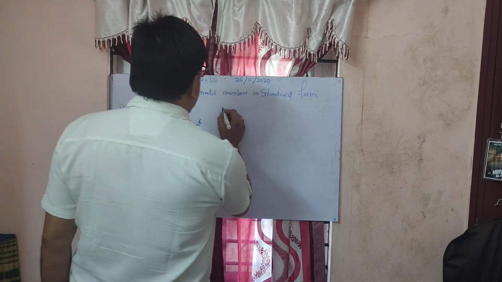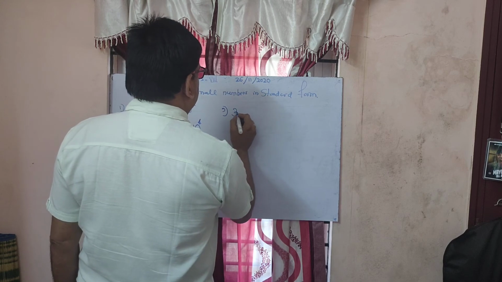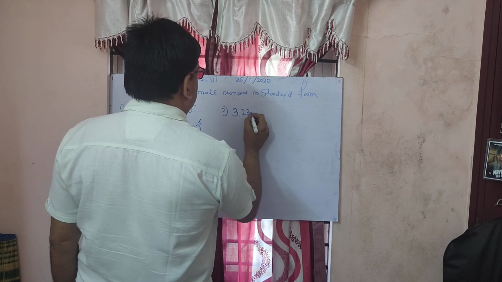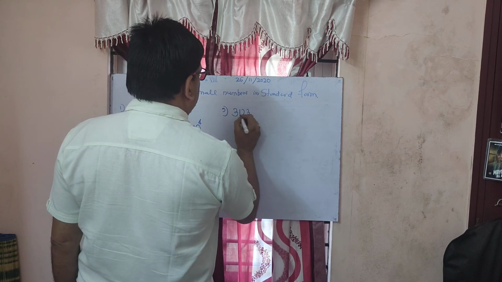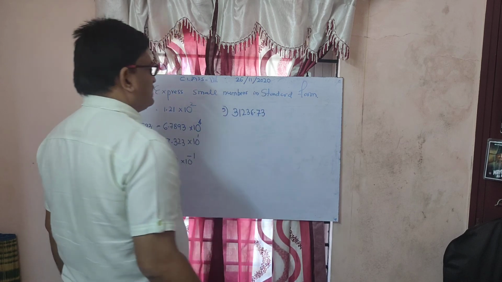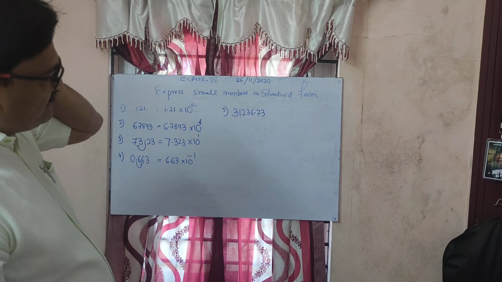Another number we will take. Now this is a big number, 31236.73.